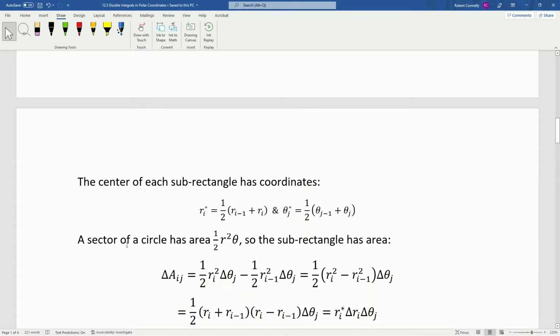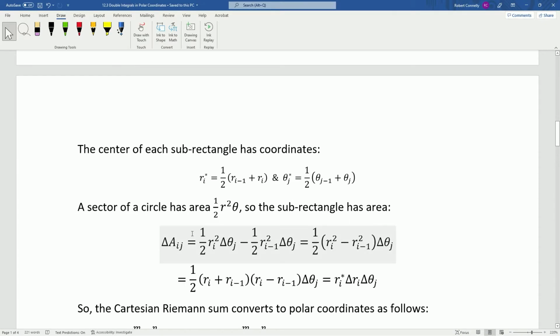And since we know that a sector of a circle has area 1/2 r squared times theta, therefore the subrectangle is going to have that area for the larger radius minus the area for the smaller radius. So let me see if I can draw a quick sketch there to make sure that's clear. So here, we've got a subrectangle.